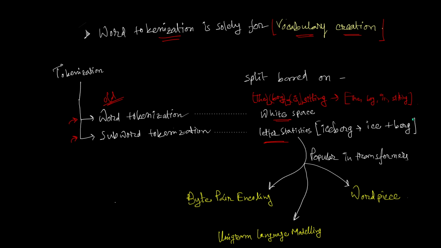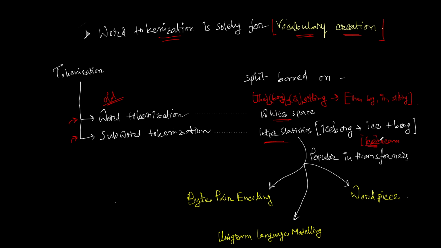That will give us better handling for out of vocabulary words as well. Suppose we get some other word in the test set, like ice cream. The computer doesn't know ice cream because it is not in the vocabulary, but at least it will see that ice is in the vocabulary, so it will identify the ice part of ice cream and know that this is something related to ice.